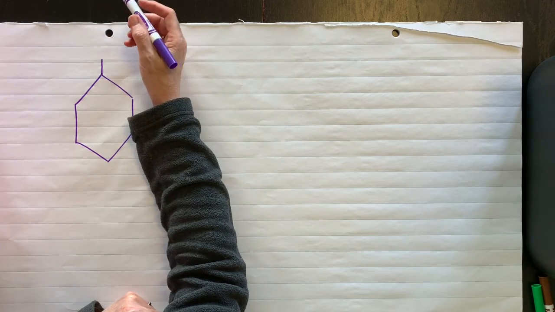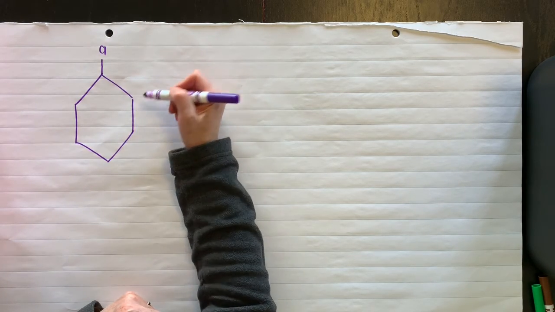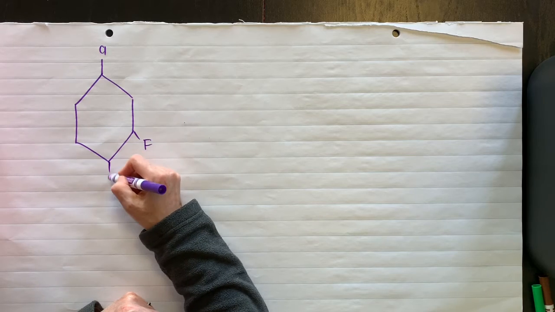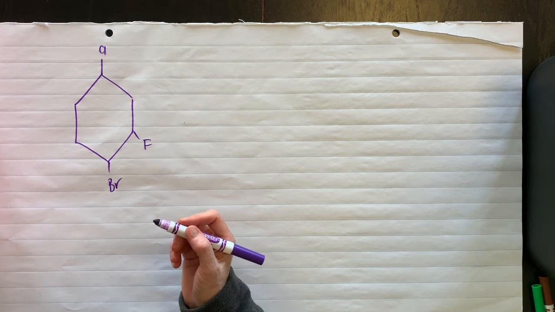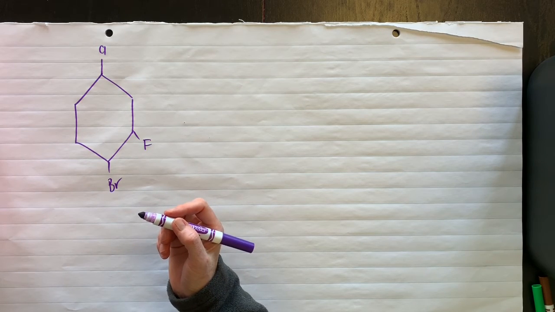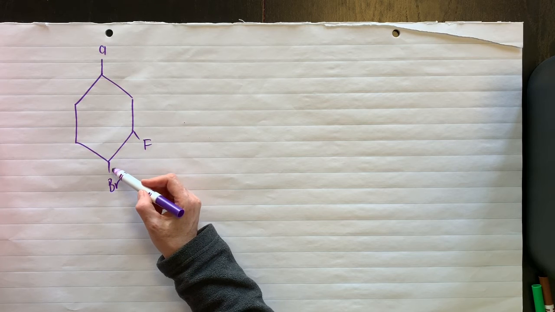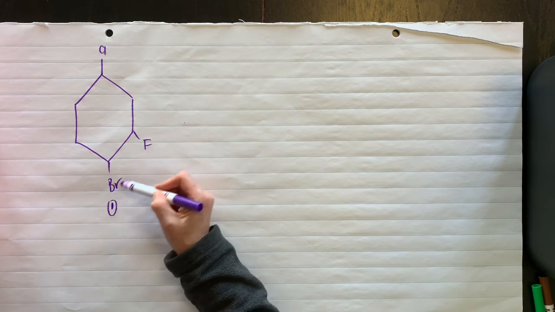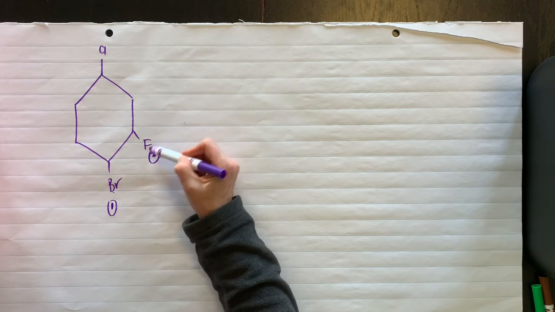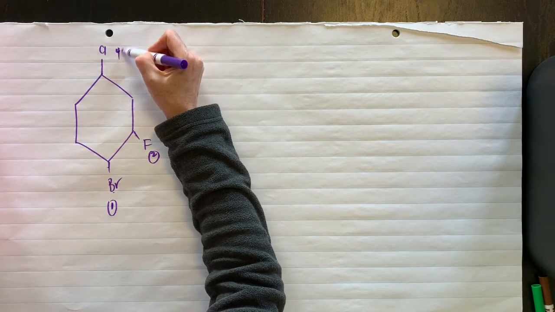If I gave you a chlorine, a fluorine, and a bromine, and I said to you, how would you name this? Well, first of all, you would recognize that in this particular case, this one is going to get number 1, because then you have something in the 1, 2, 4 position.